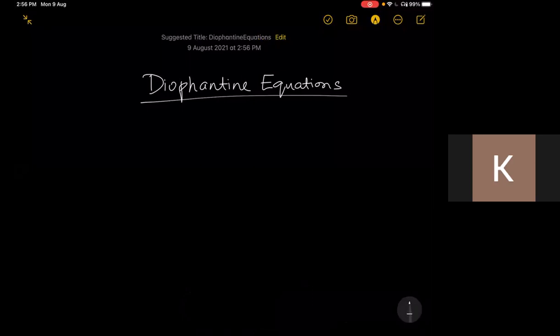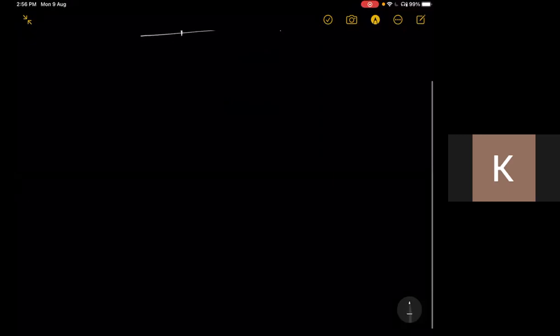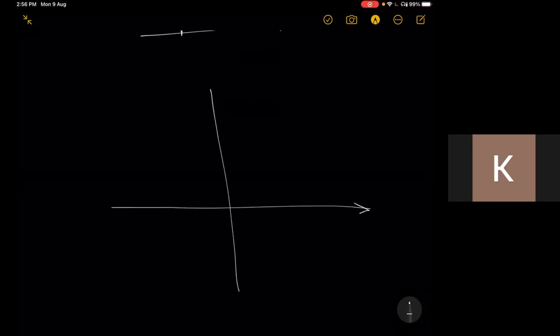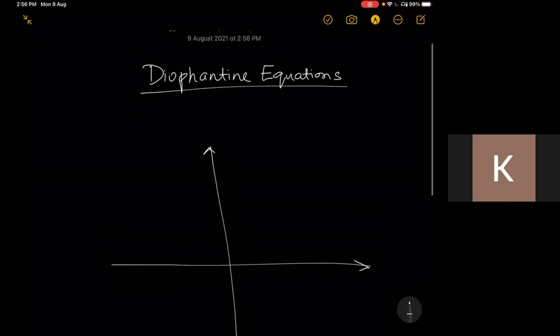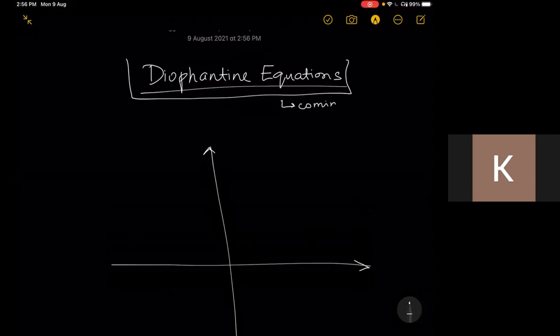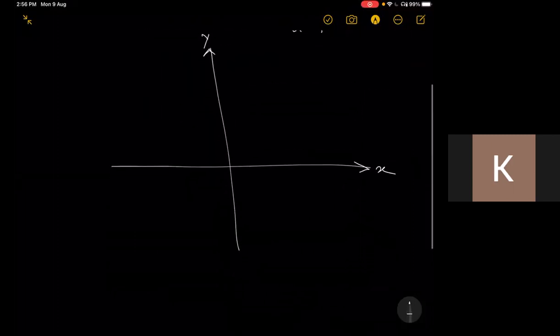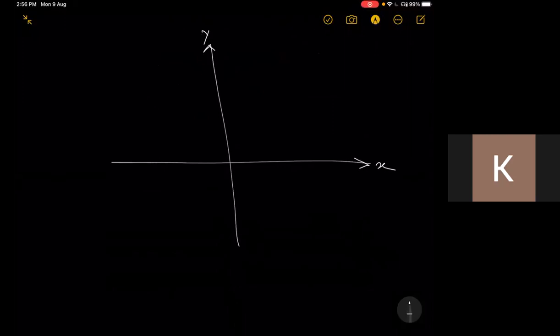The first one is a problem: if you are given this infinite 2D plane. Just for clarification, now we are not doing Diophantine, we are just doing some interesting number theory things.